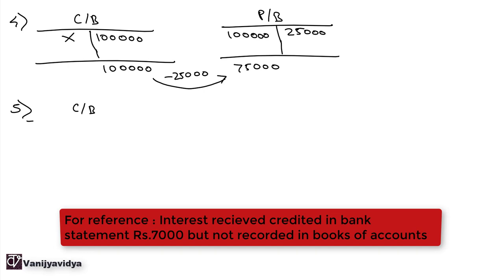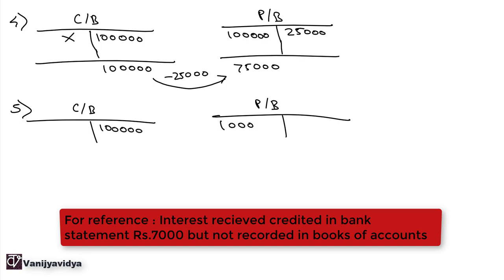Fifth, cash book, passbook. 1 lakh credit in cash book, 1 lakh debit in passbook. Now there is some interest which is credited in the passbook. So on the credit side of passbook, 7,000. So balance as per passbook is 93,000.